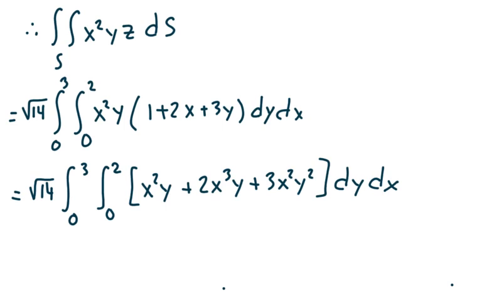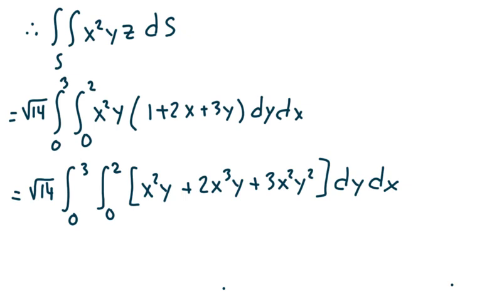So we're ready to make our substitution. So the double integral over S of x squared yz dS is equal to, now, we have a double integral where our y limits go from 0 to 2, and that's the innermost integral, right? And my x limits go from 0 to 3, so that's the outermost integral.